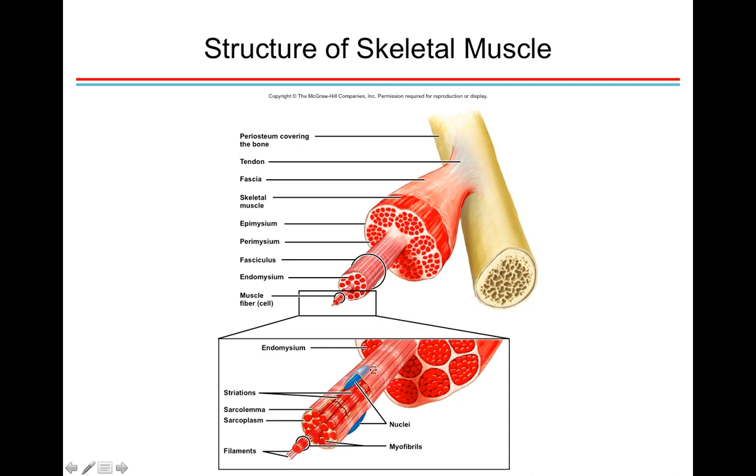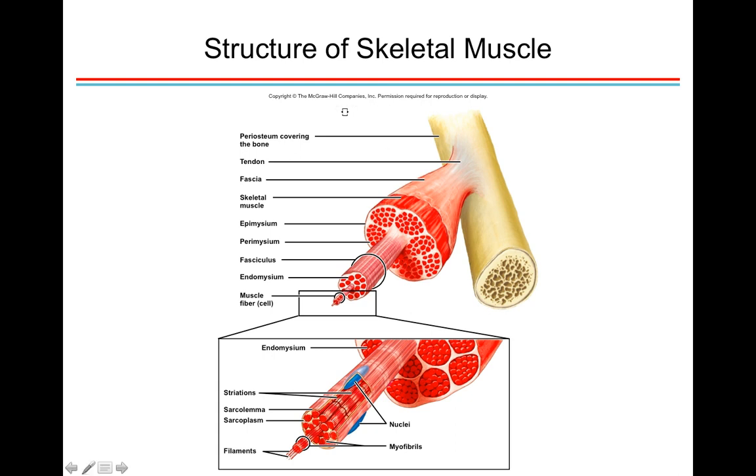So notably, skeletal muscle cells are multinucleated. So this is one long cell. There's two nuclei we can see that are part of the same cell. And I just want to show you this on this inset. So this is one cell, right? And this is connected in a bundle with other cells, right? So here's this one cell with the sarcolemma around it. Each one of these other muscle cells also has a sarcolemma around it, and they're all bound together by connective tissue.